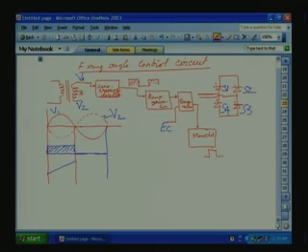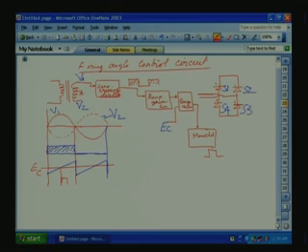This same ramp circuit we can use for the negative also. How do you generate the firing angle? The ramp is compared with EC, our control voltage for firing angle variation. This is our EC signal, and we can vary it.